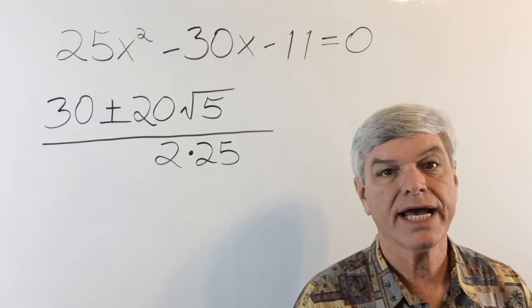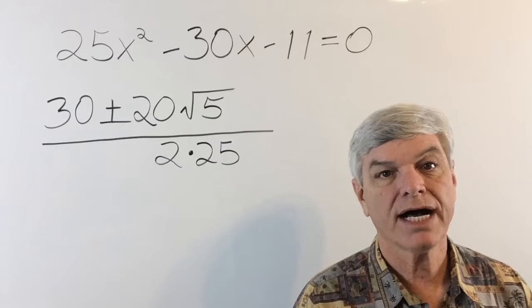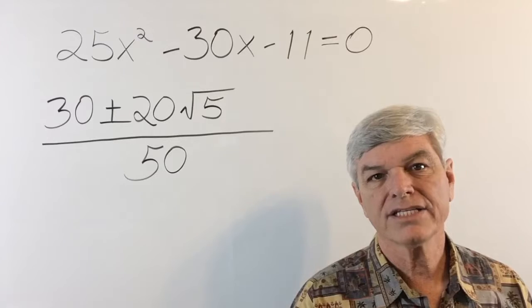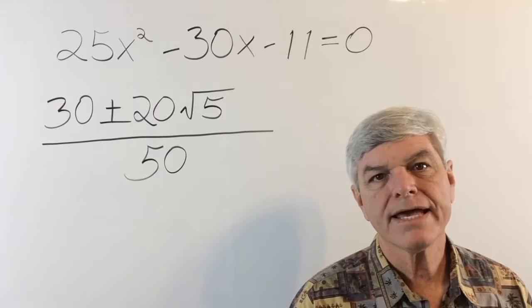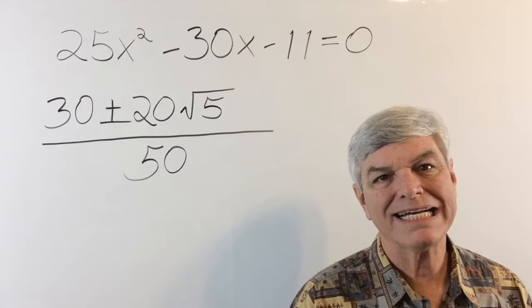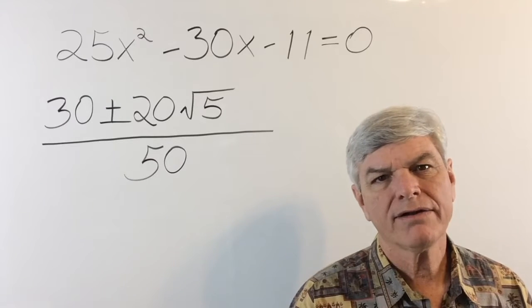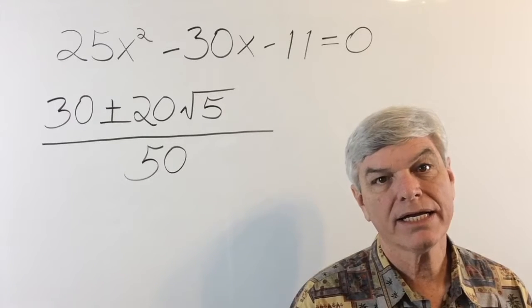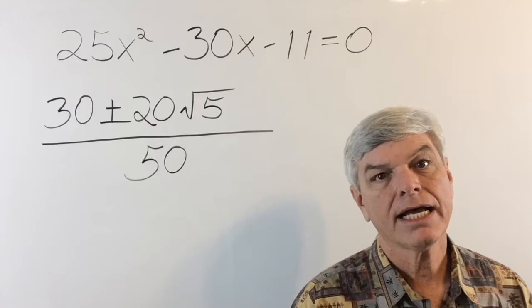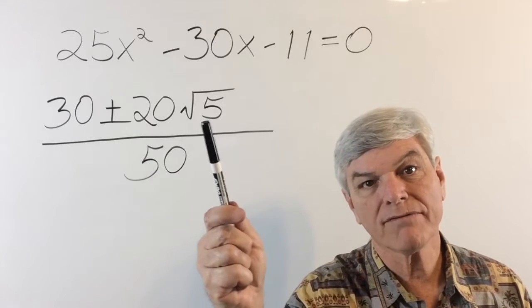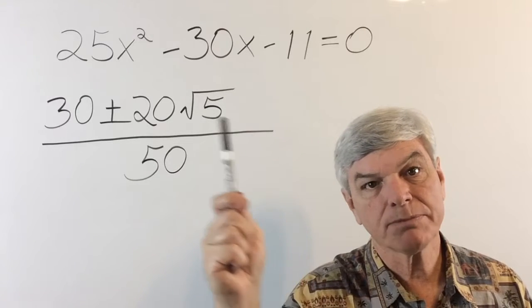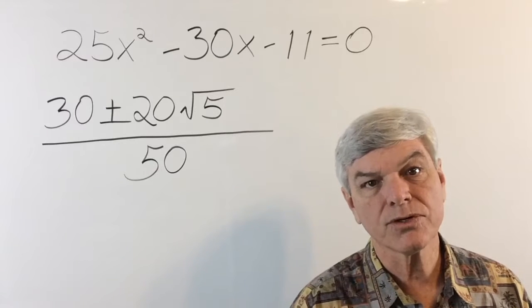Down on the bottom, we have 2 times 25, and that is 50. And let's see. We can divide 50 by 10, we can divide 20 by 10, and we can divide 30 by 10, so we can divide everything by 10. And remember, when we divide everything by 10, we don't divide this, because this is 20 times root 5.